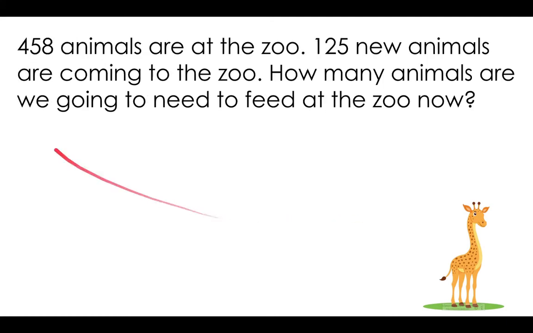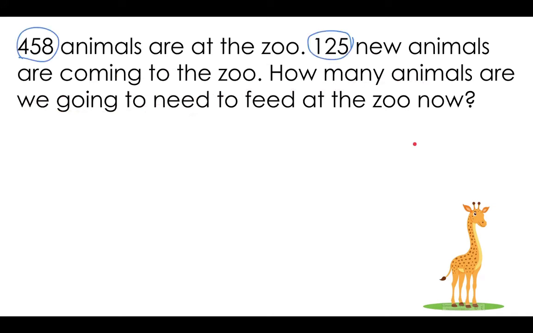So here's our problem. We have 458 animals that are at the zoo. 125 new animals are coming to the zoo. How many animals are we going to need to feed at the zoo now? What is this question asking me?